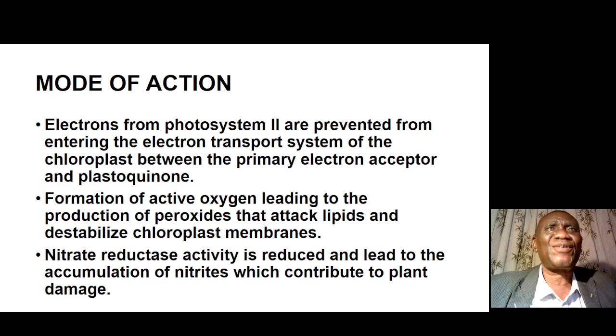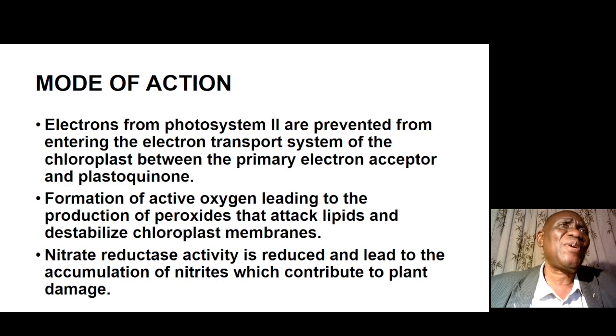If you affect photosynthesis, it means the plant is not going to grow because of lack of probably carbohydrates, which are basically manufactured by photosynthesis. But where they affect photosynthesis, it is the photosystem 2, if you would still remember it.